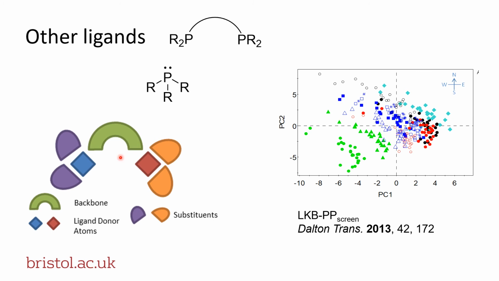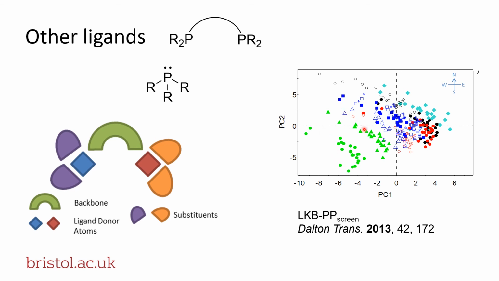So computationally, you can change the backbone, you could change the donors, although we didn't do that in this case, and you could also change these substituents, and you can do so systematically. So this is again one of these maps of chemical space that comes out if you calculate lots of properties, process them with statistical approaches, and then look at which ones are similar to each other and which ones are different from each other.